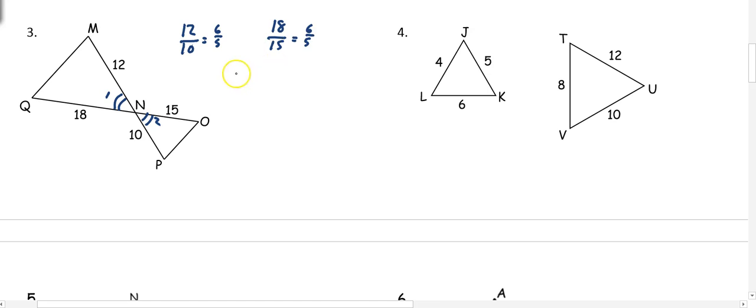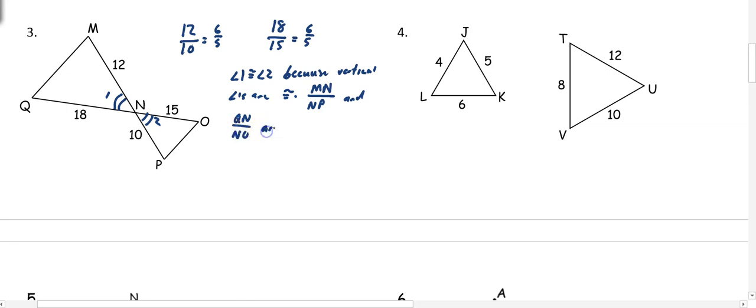So in this case, we would say that angle 1 is congruent to angle 2 because vertical angles are congruent. And then we would also name our sides. So we can say that MN over NP and QN over NO are proportional.